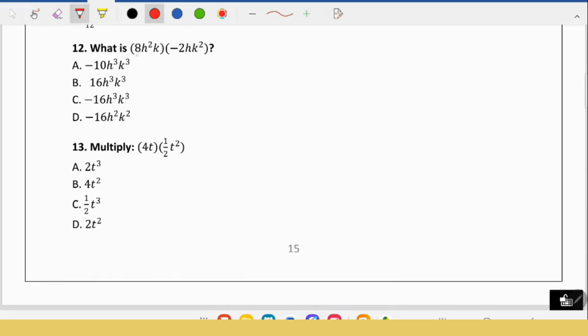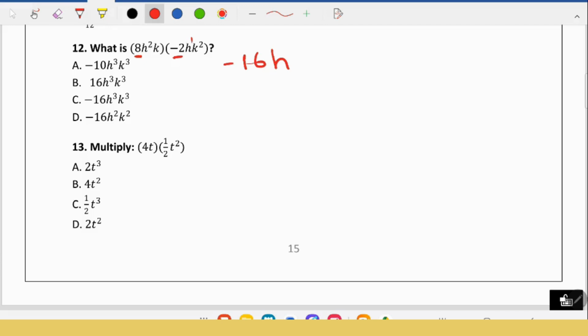In this question, I have 8h square k times negative 2hk square. So I multiply the coefficient first. 8 times negative 2 is negative 16. H and h, same variable. I'm going to add their powers when I'm multiplying the terms.